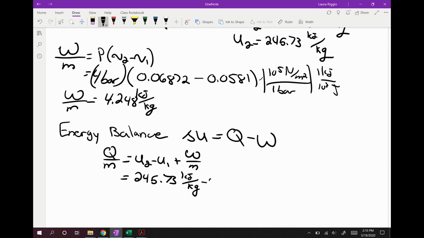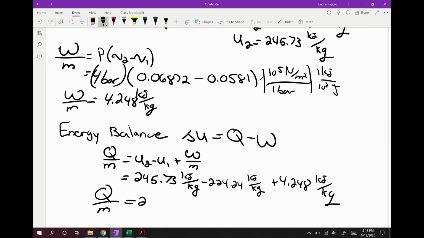Plugging in my numbers, I get my heat transfer per unit mass is equal to 25.738 kilojoules per kilogram.